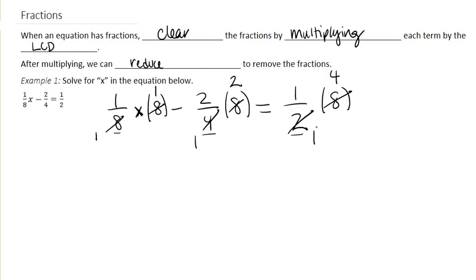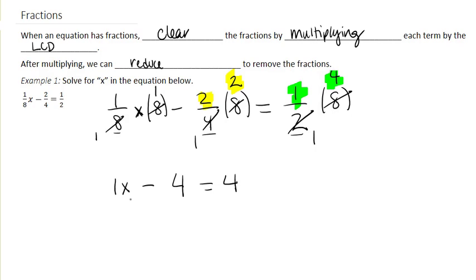So now we've just reduced everything, so it no longer has any fractions in it. This 1 times 1 is just 1x. Now we have minus 2 times 2, and here we have a 1 and a 4 to multiply. So 2 times 2 is 4, and then on the right hand side of the equal sign it's 1 times 4, so that's 4.